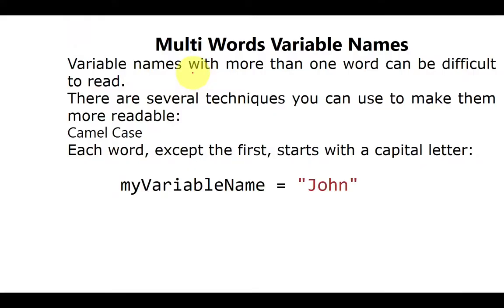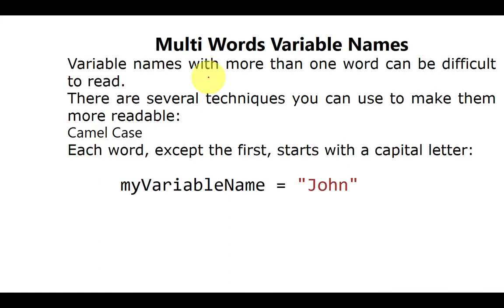Multi-word variable names. Variable names with more than one word can be difficult to read. There are several techniques you can use to make them more readable. Camel case: each word except the first starts with a capital letter.